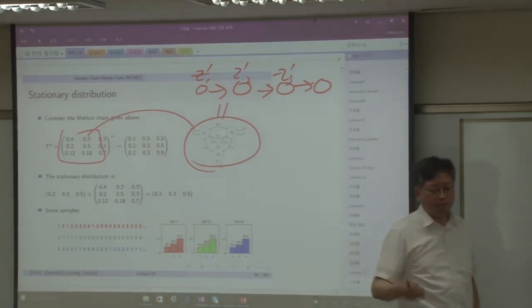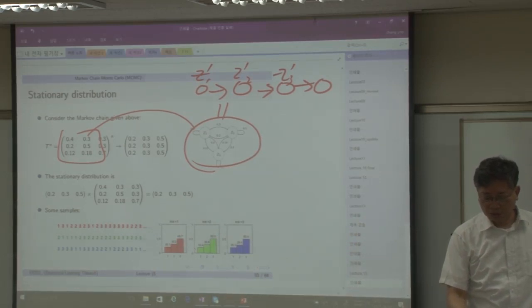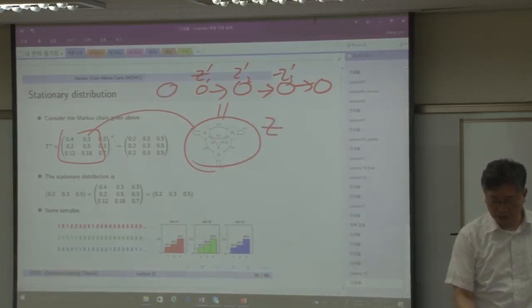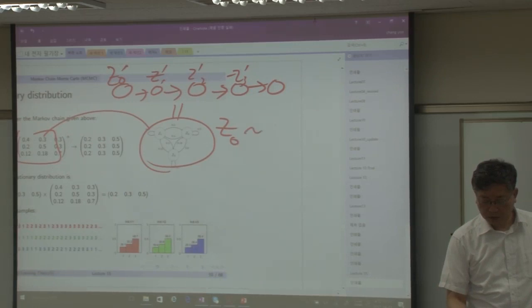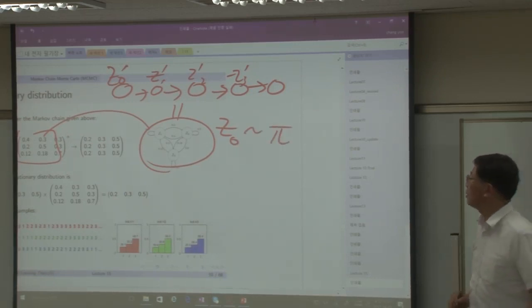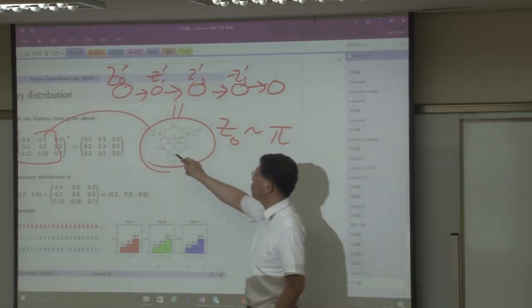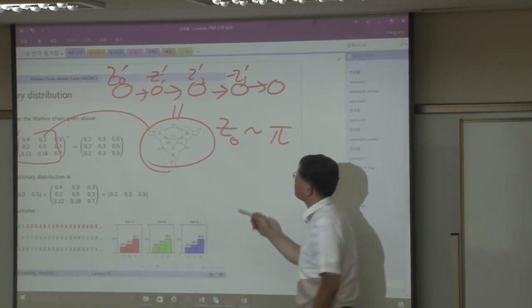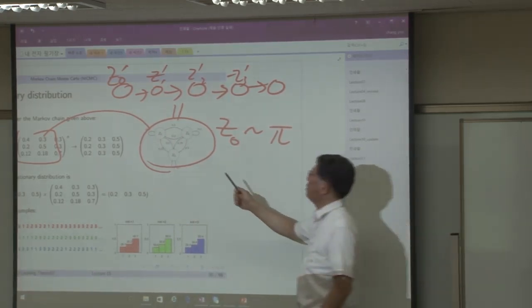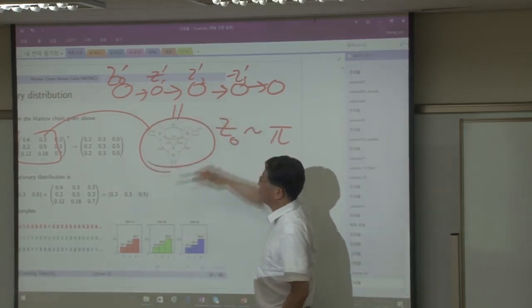After you start with some initial Z0, Z0 is a sample from pi. Pi, as I've already mentioned, is the probability where you start. You can start at any one of those, with some probability. And then, based on this transition probability, you transition.